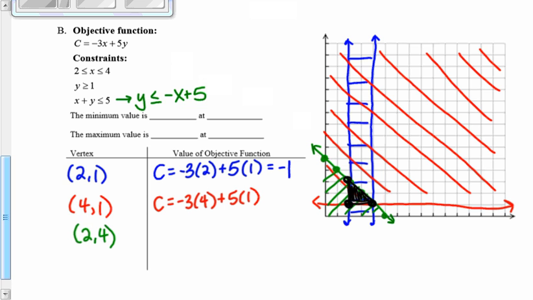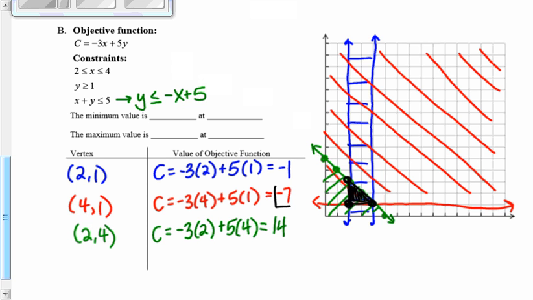So that's negative 12 plus 5, which is negative 7. And C equals negative 3 times 2 plus 5 times 4. So that would be negative 6 plus 20, which would be 14.